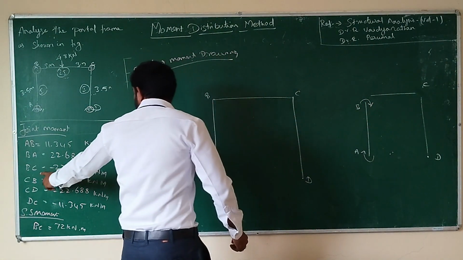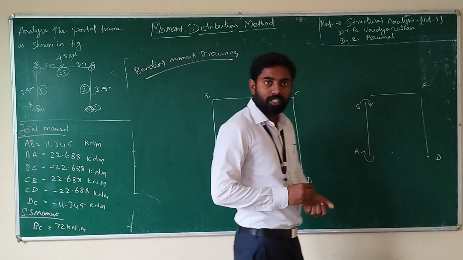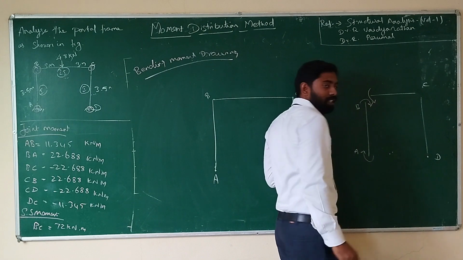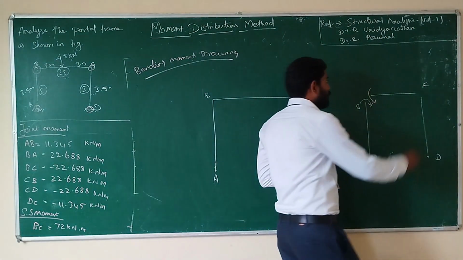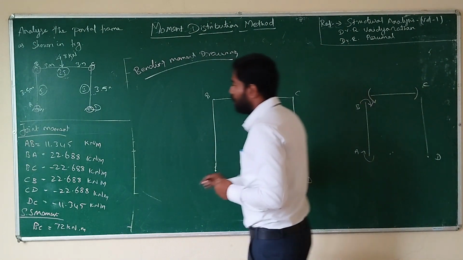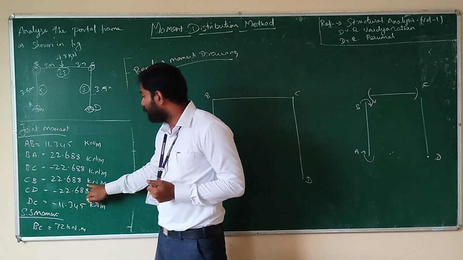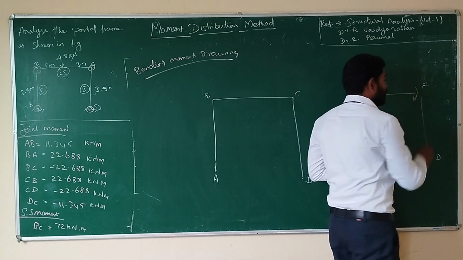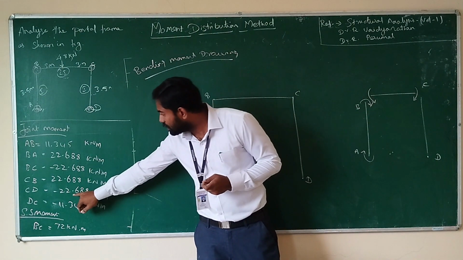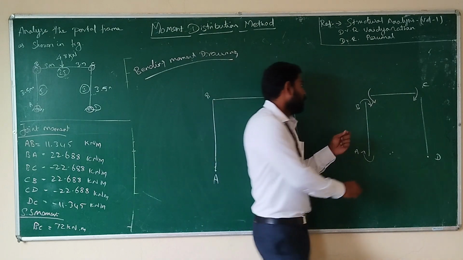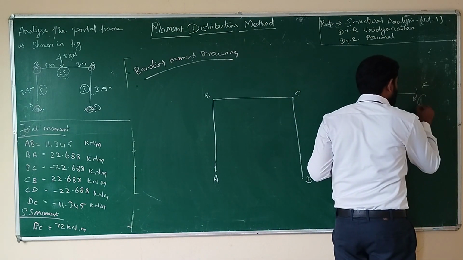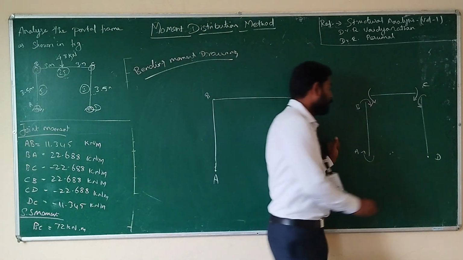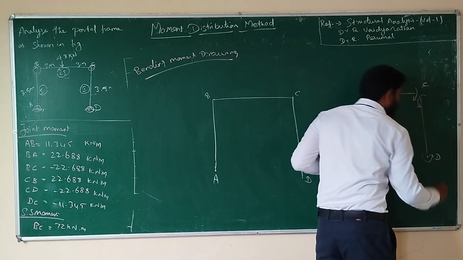Next, BC will be in the anti-clockwise direction, since the nearer end is B. Then for CB, it is a positive 22.688, so clockwise. Next, CD is negative, so anti-clockwise. And in the same way, DC is minus 11.345, so anti-clockwise.